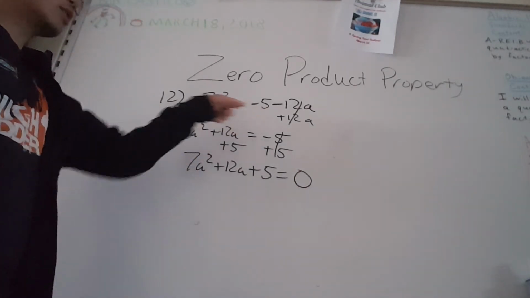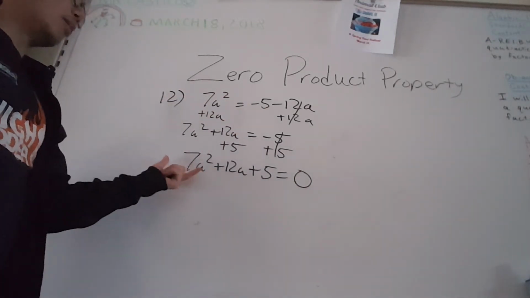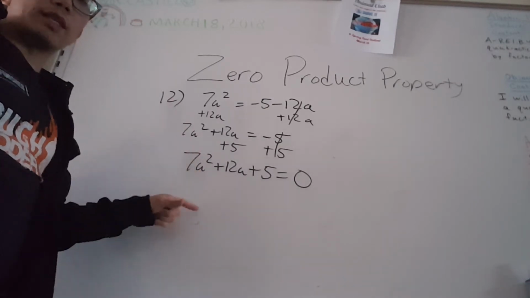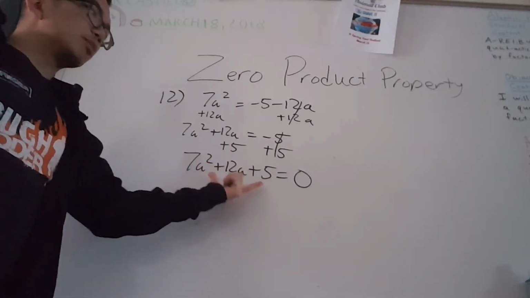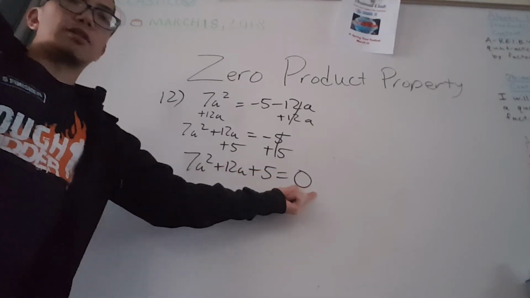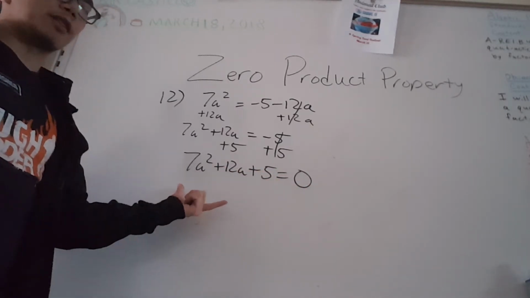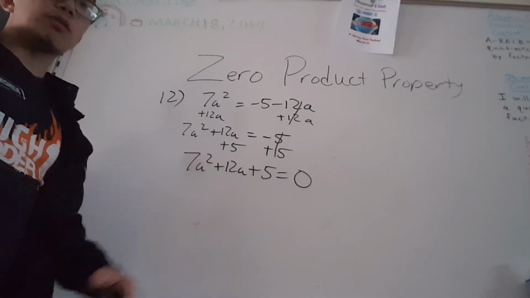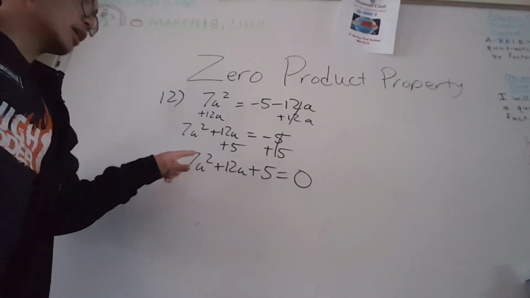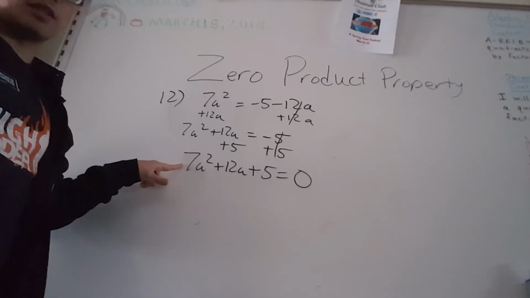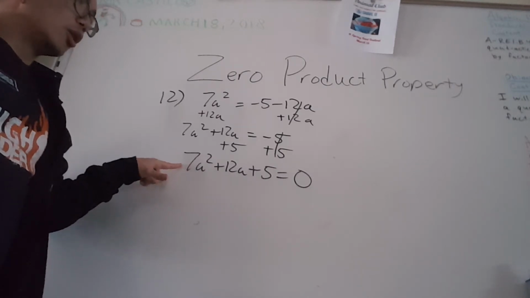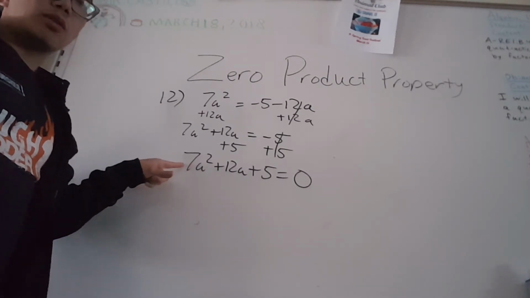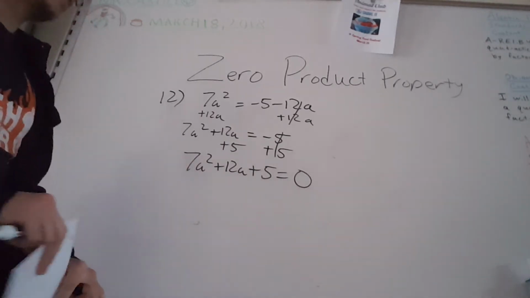Although I think most of you can do that in one step, I did it in 2 steps just so you could see what I did there. In these problems, you always want the quadratic to equal 0. If it's not, you cannot use the factoring techniques that we learned. So we set this equal to 0. And now look, there is a coefficient in front of the a squared, which means we have to use our box method. Okay?